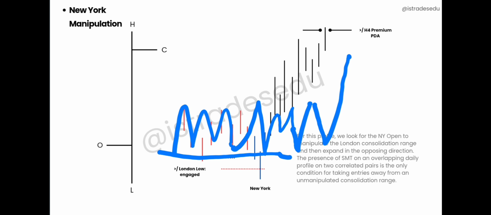So we can easily project that to be the manipulation. Meaning if we are trading US 100 or NQ, we'll be expecting ES to manipulate and NQ not manipulating. That's the only basis we can use to form a trade when there is no manipulation during the New York session.